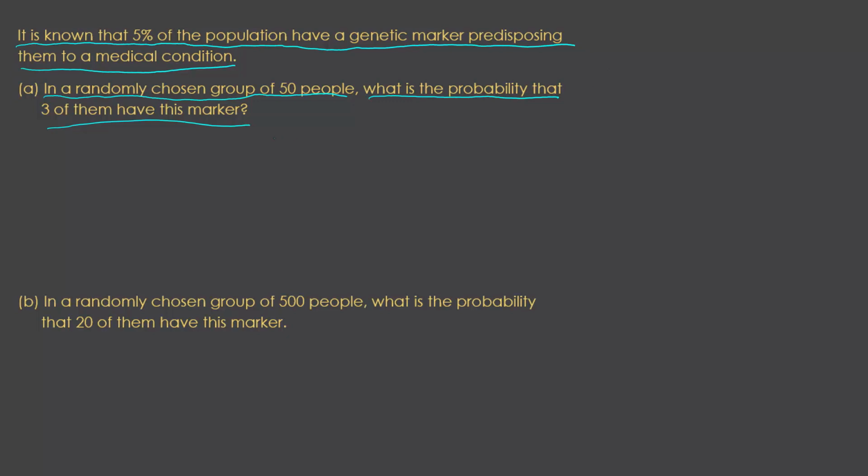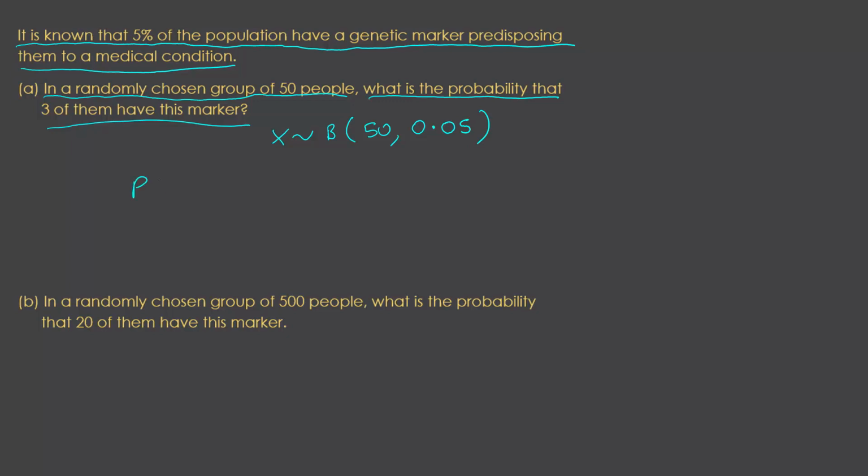So what we're looking at here is if X is the number of people who have the marker, we have a binomial distribution with 50 trials and a probability of success of 0.05.